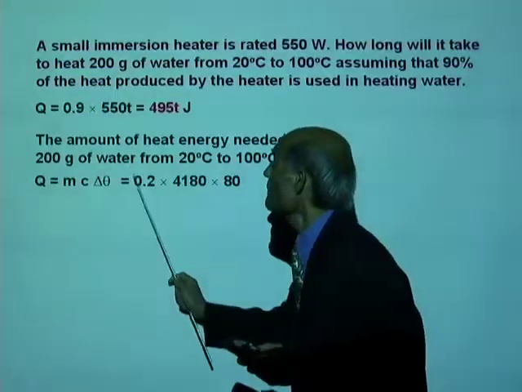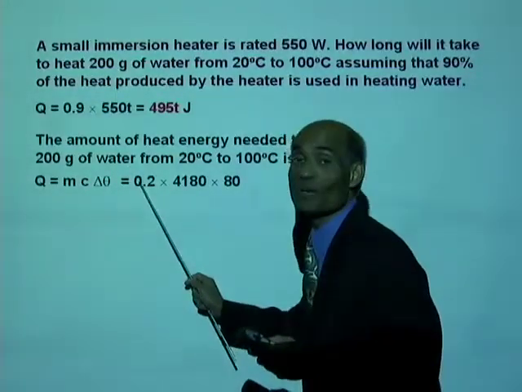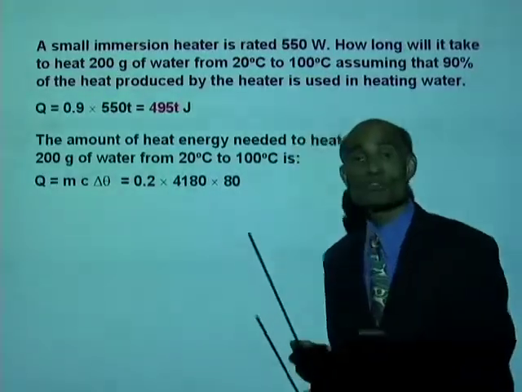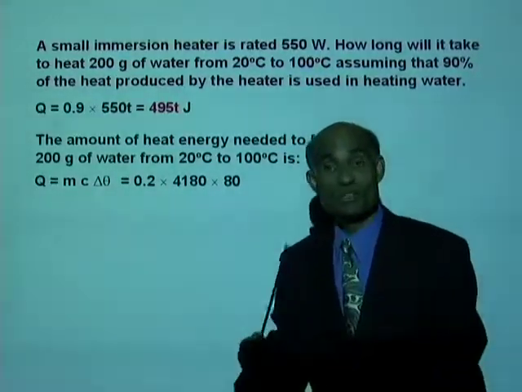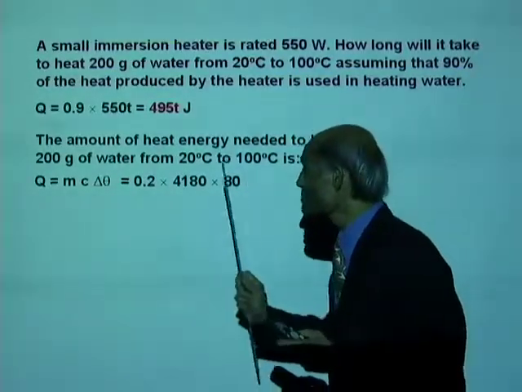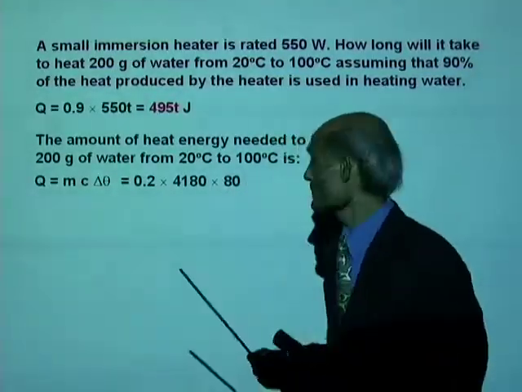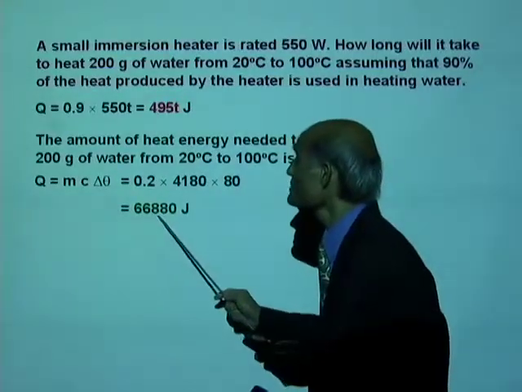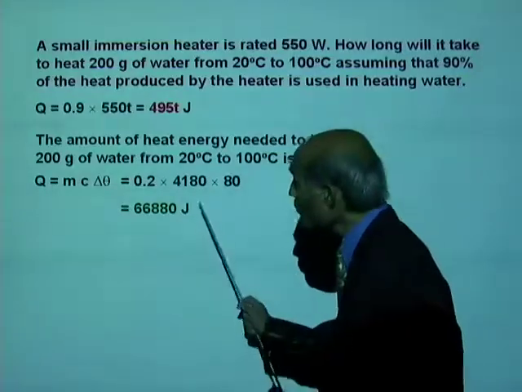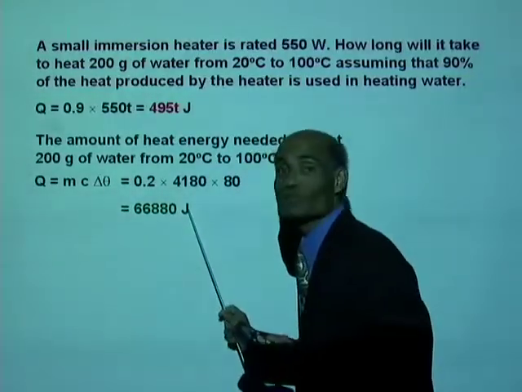And that will be, mass is 0.2 kilogram, specific heat of water is 4180 joules per kilogram per Kelvin, and the change in temperature is 80 Kelvin, and that will be 66,880 joules. And what is this equal to?